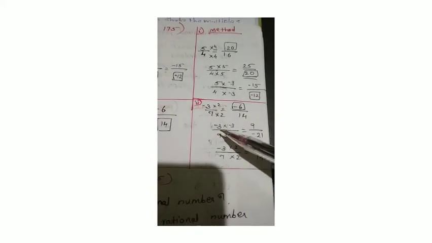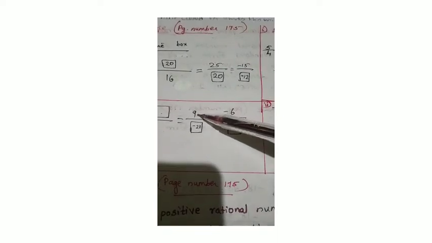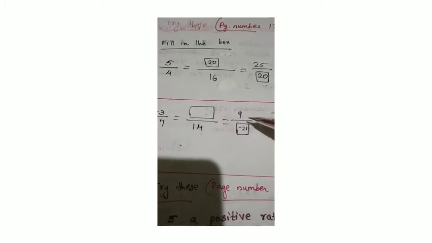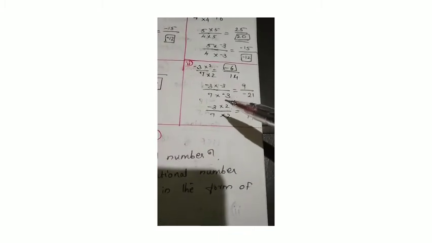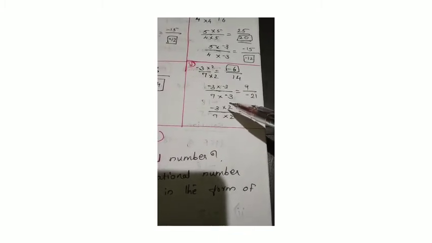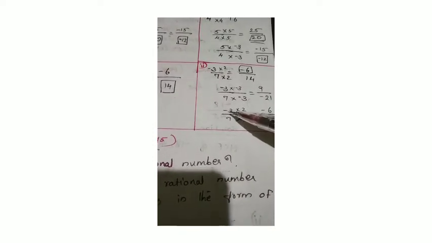Next, negative 3 on 7. Here negative 9 is given. So negative 3 times negative 3 is equal to 9. So we have to multiply the denominator also with negative 3. So 7 times negative 3 is equal to negative 21. Clear? Then next, negative 3 on 7.